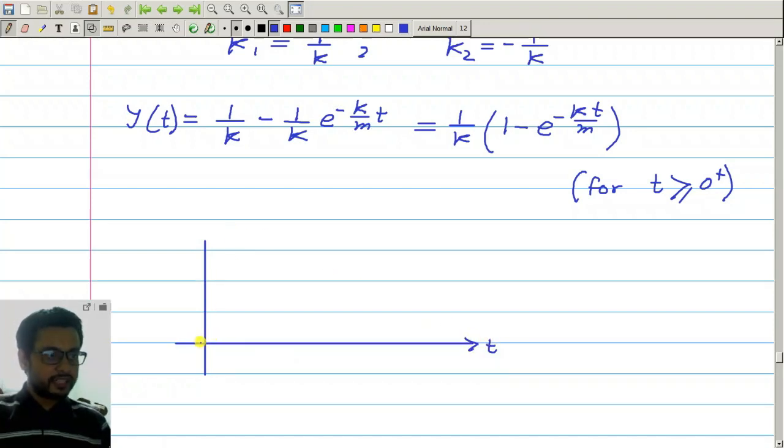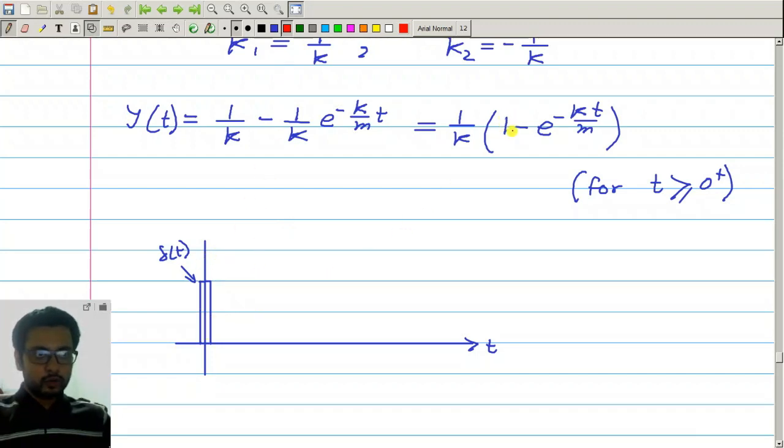We had the impulse force acting at this point. So that's the input, delta t, and let me draw y in red color.